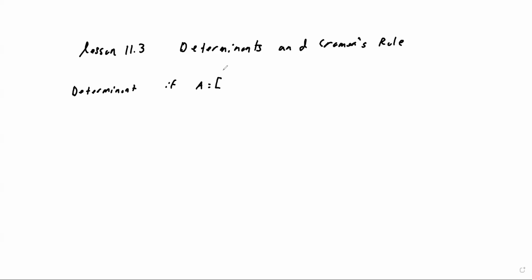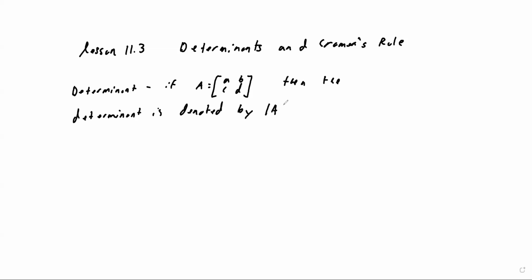They use A11, A12, and I totally get that, but I find it easier to go A, B, C, D. So if the matrix A is a 2 by 2, then the determinant is denoted by what looks like the absolute value of A, but it's not an absolute value of A. That's just how it's denoted.